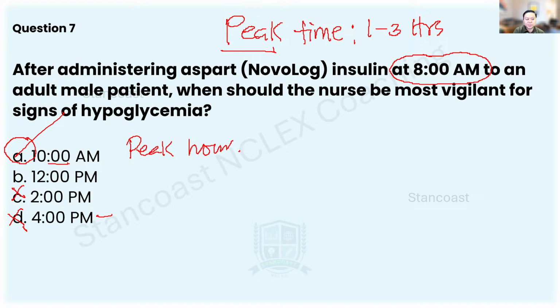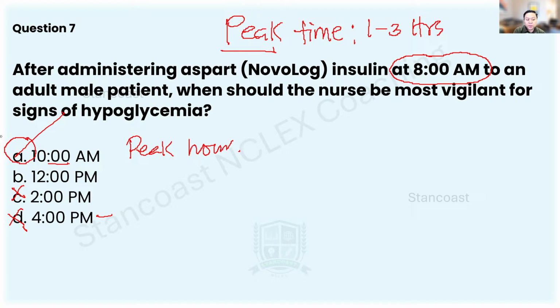If you had answered letter B, 12 p.m., which is 4 hours after the administration, the peak of the drug this time has already faded, right? It is already past the time where it's supposed to be at its highest concentration.